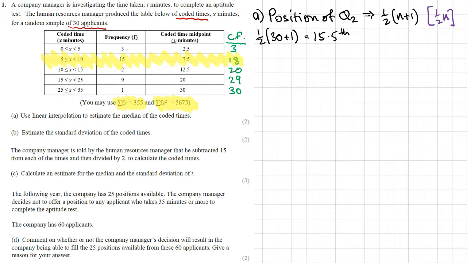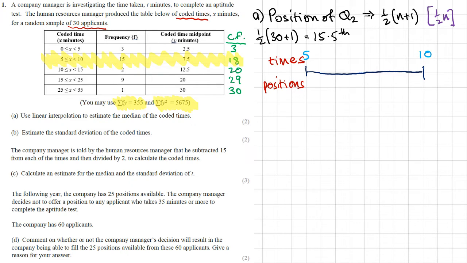And now I can do a calculation to help me. Now the way that I do this is like a number line type thing. I'm going to put the time at the top and I'm going to put the positions or frequencies at the bottom. So the group that the median is in goes from the 5th time or 5 minutes to 10 minutes.